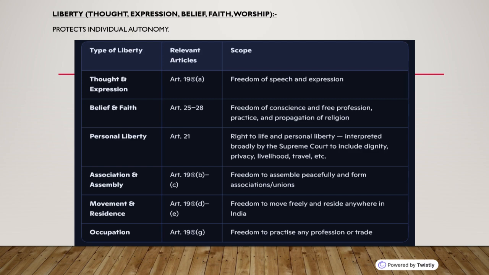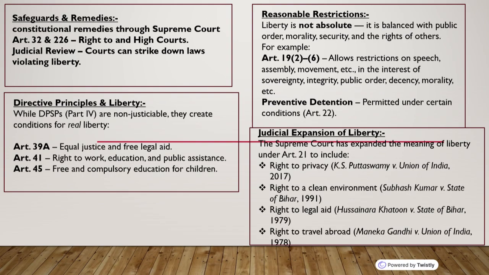Okay, thought and expression, belief, faith, personal liberty, association and assembly, movement and residence, occupation. So these are the liberties which were provided, and which will be reflecting the term liberty in the preamble.